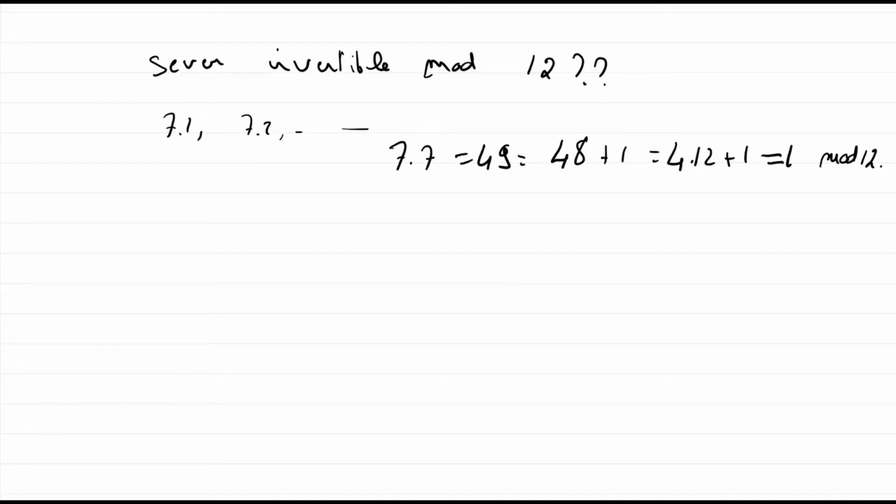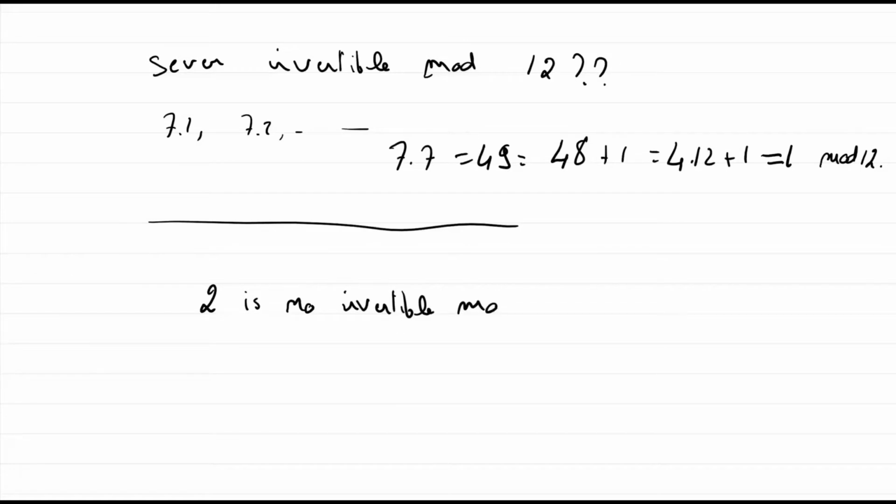And it's not always the case, of course, that the inverse of the number is the number itself, or that an element is always invertible. For example, 2 is not invertible modulo 12. Why?